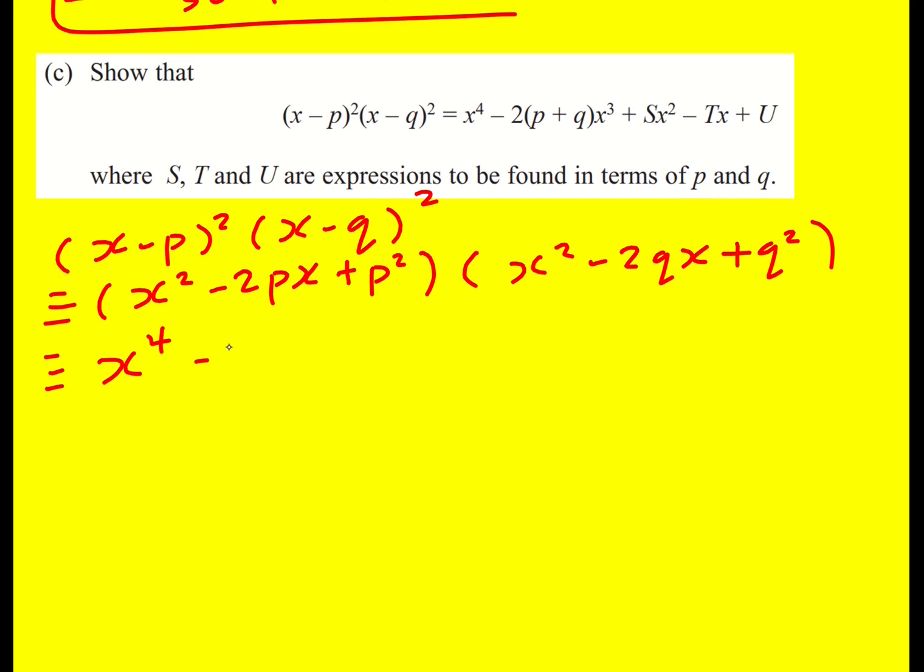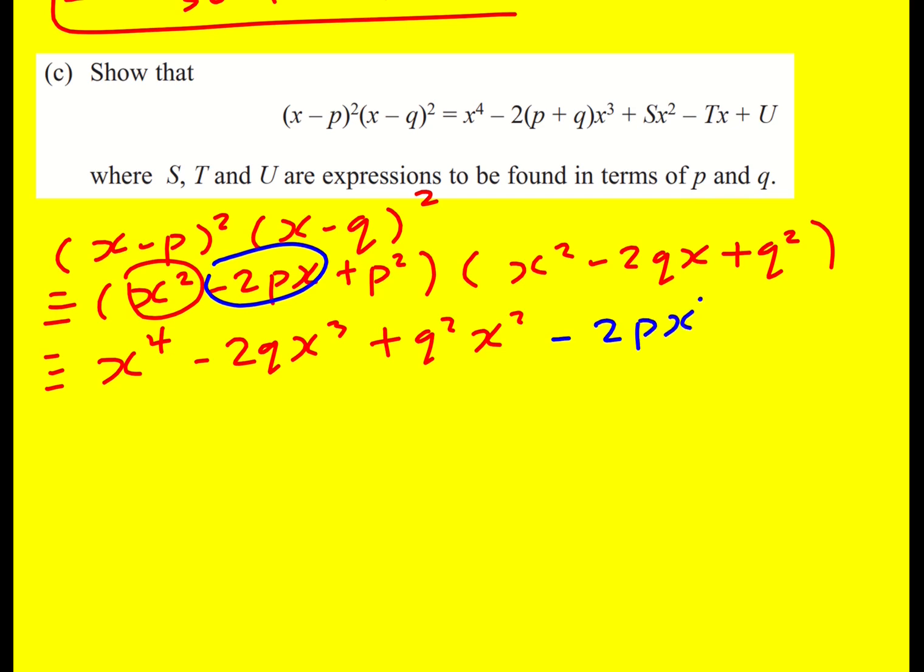Then I've got this double bracket to sort out. It's going to get x to the 4 minus 2q x to the 3 plus q squared x squared. That was dealing with the first term and doing cross multiplying. Now I'm going to deal with this one. I'm going to get minus 2p x cubed plus 4pq x squared minus 2pq squared x.